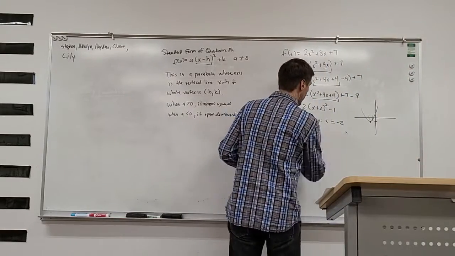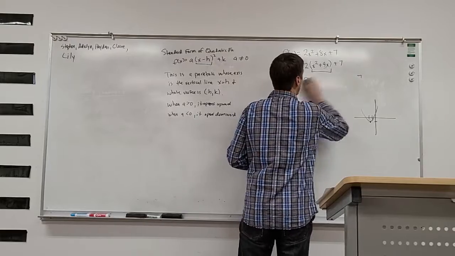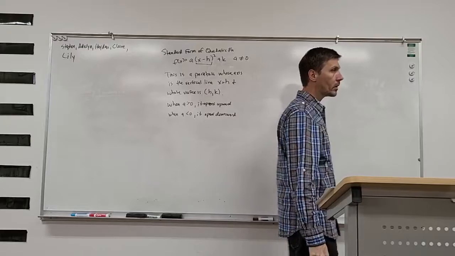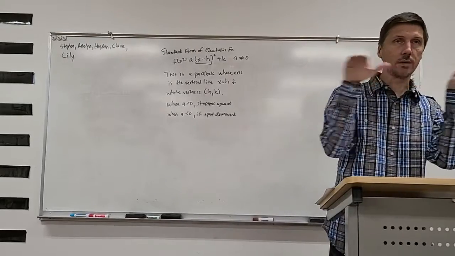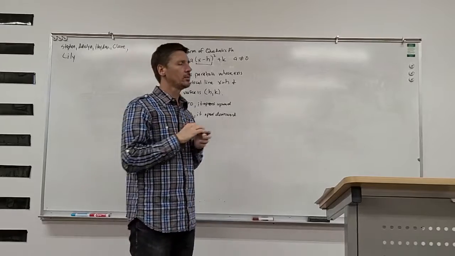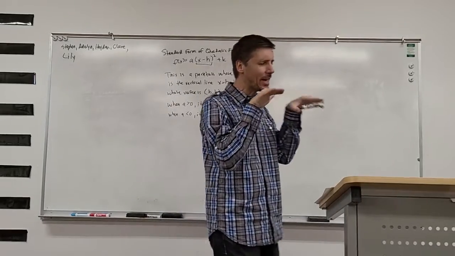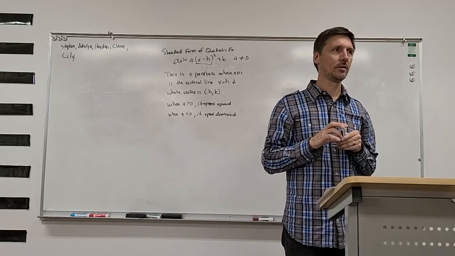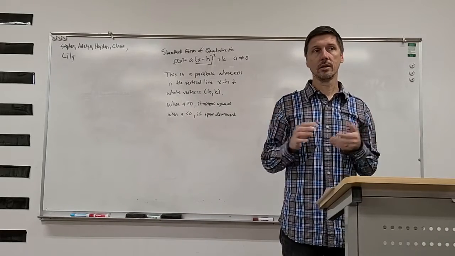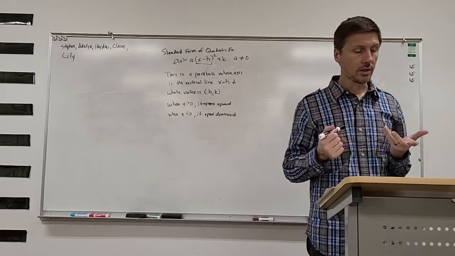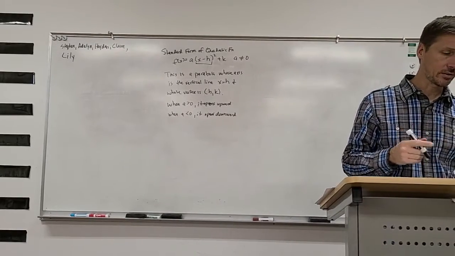So, let's do an example of that. At our x-intercepts, in other words, where our graph intersects the x-axis, what's the value of y going to be? 0, right? And so if we solve this equation for when it's equal to 0, then we'll determine where it crosses the x-axis, right?